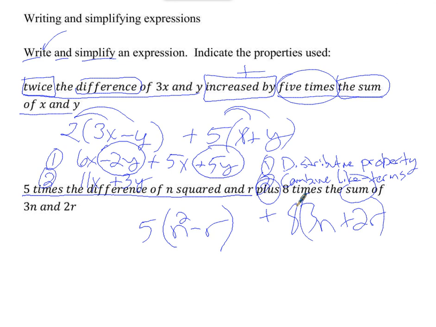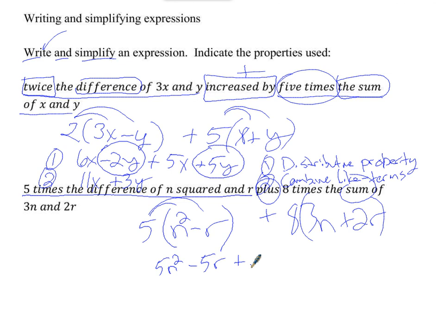Okay, we're ready to go here. What do we do now? You need to distribute first. So we'll distribute. We have 5 times n squared, which is 5n squared. And then 5 times negative r is negative 5r. The sign goes with the number, so remember that. Okay, we have the plus sign here.